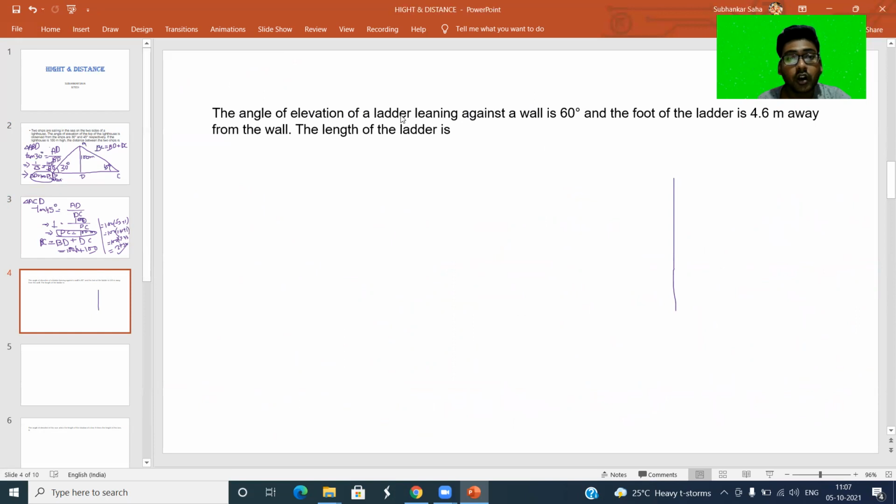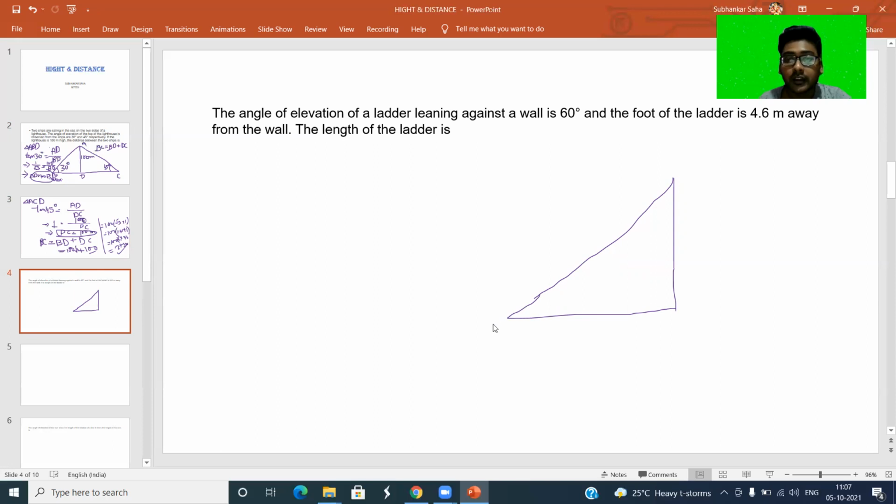Angle of elevation, it is the point, and it is the horizontal line, 60 degree. And the foot of the ladder is 4.6 meter away from the wall.